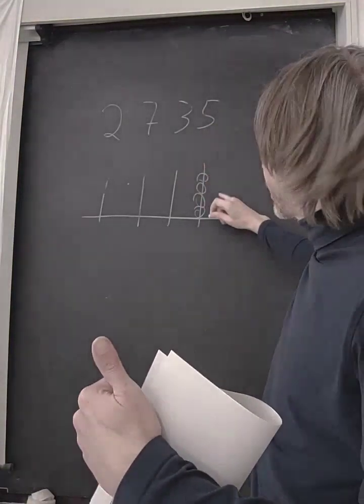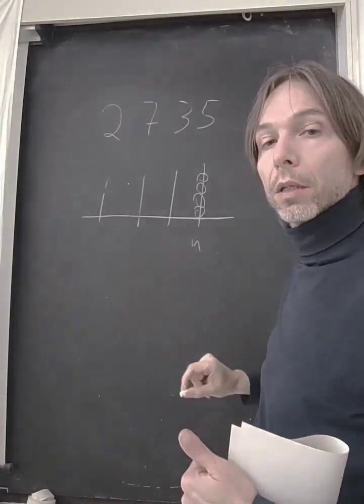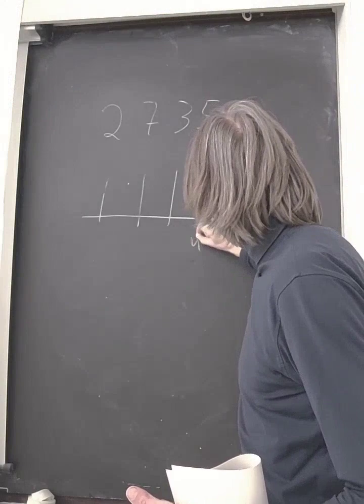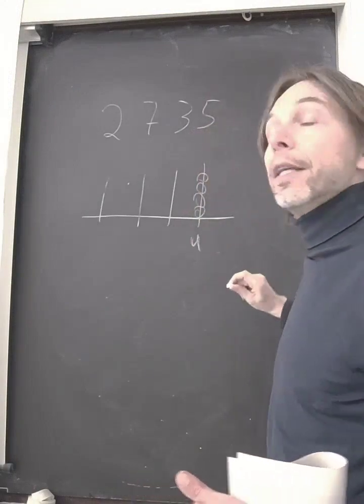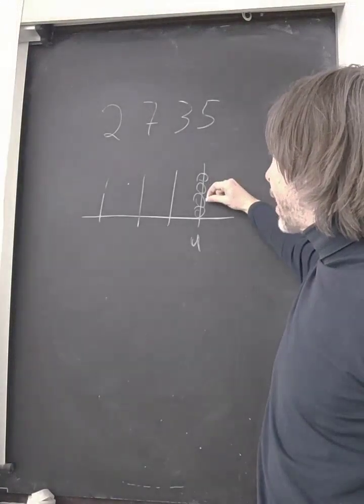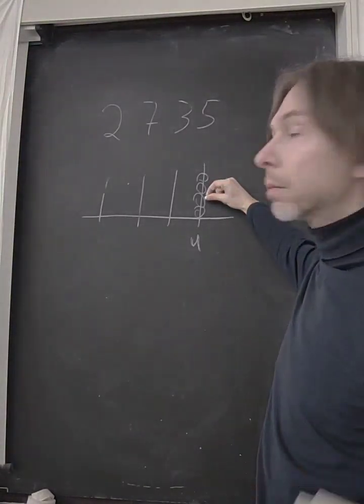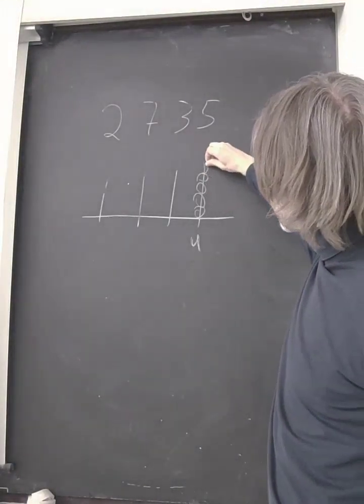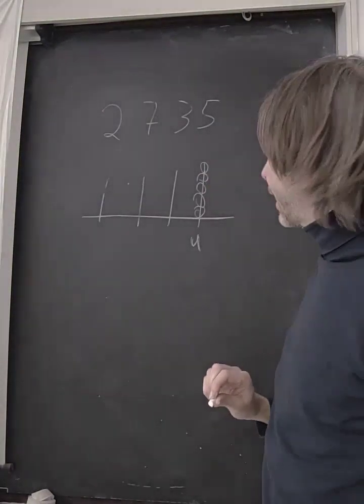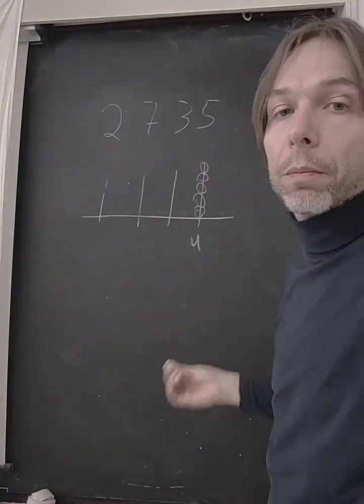Each ball here on the unity needle has got a value of 1. So here I've got 5 balls, and each ball represents 1 apple.